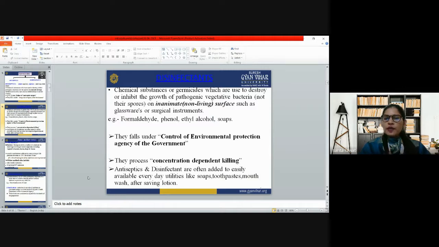They fall under the control of the Environmental Protection Agency of the government. The process is concentration dependent killing. Antiseptic and disinfectant are often added to everyday utilities like soaps, toothpaste, mouthwashes and aftershave lotions.